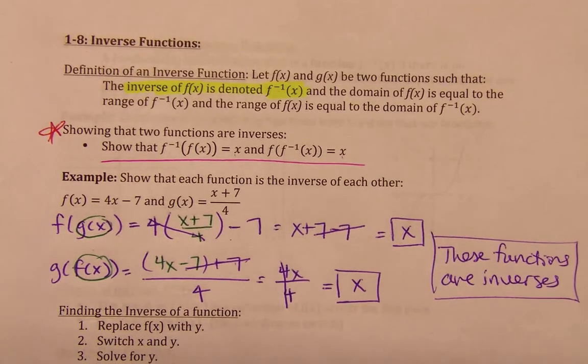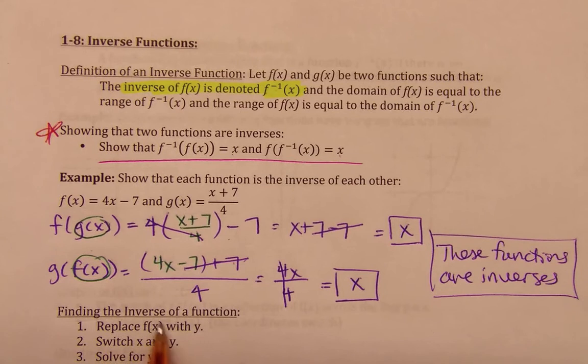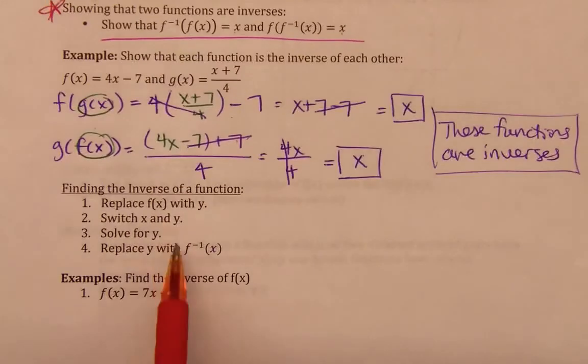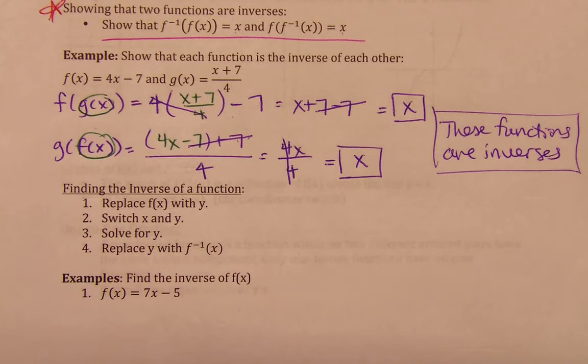Now, what if I give you one function and I ask you to find the inverse? Well, these are the steps that we're going to go through. First, we'll replace f of x with a y. They really mean about the same thing. Then we'll switch our x and y, and then we'll solve for y, and then we'll write it back into function notation. So let's look at an example. I have f of x equals 7x minus 5. We want to find the inverse.